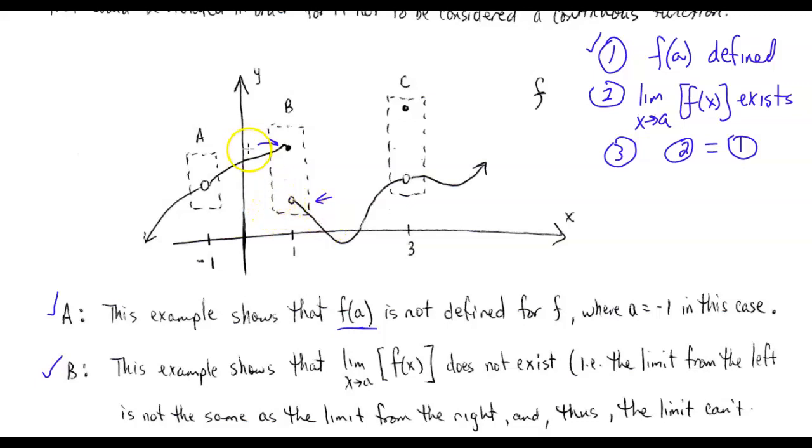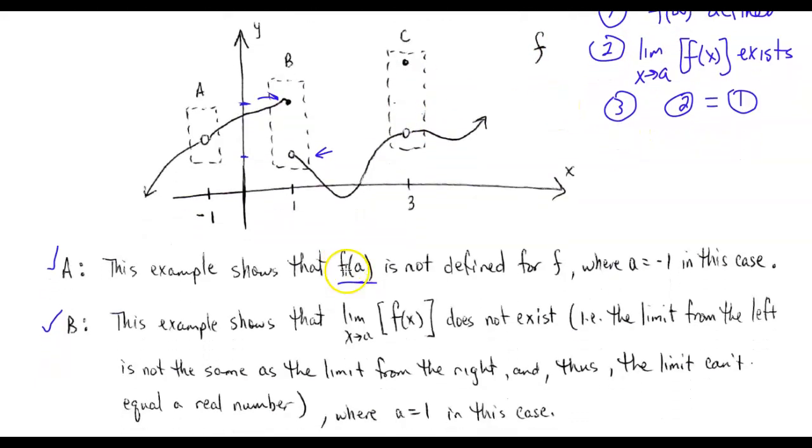Okay, and here the behavior is that the y values it approaches are way up here, whereas on the right of x equals 1, the y values it's approaching are here. Okay, so because of that, we see how criterion number 2 is violated. Notice that criterion number 1 still holds because at x equals 1, I do have a defined point on this graph. Okay, but criterion number 2 is not holding.